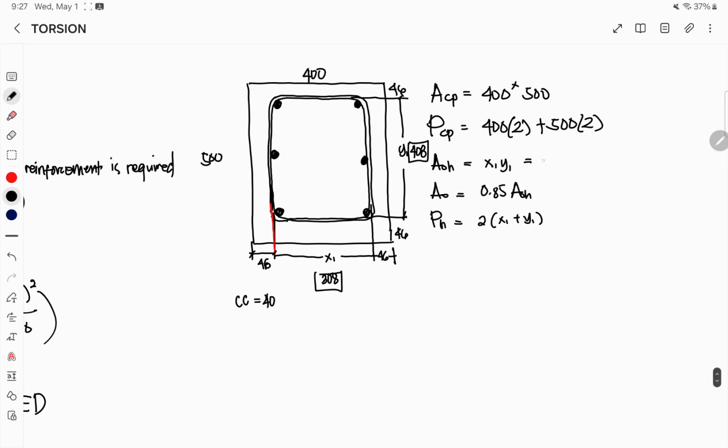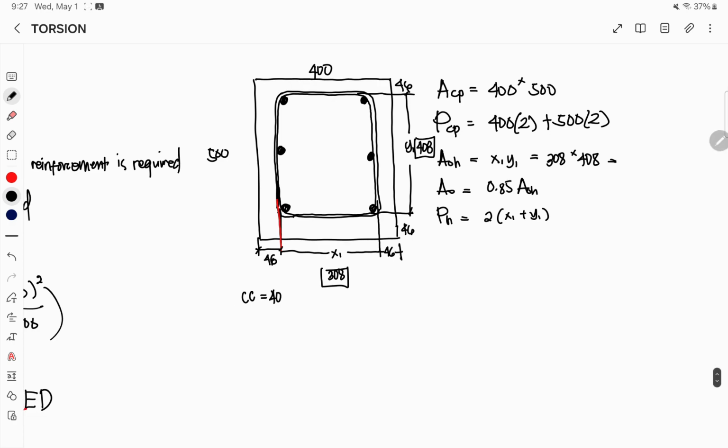For Aoh, we have 308 times 408, which is 125,664, times 0.85, which gives 106,814.4 mm squared.